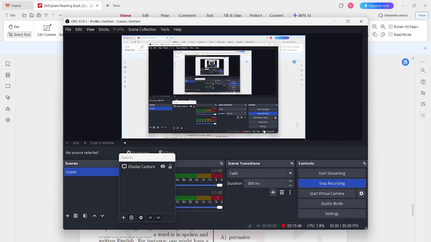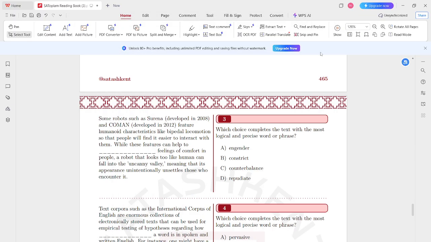So, which choice completes the text with the most logical and precise word or phrase? Some robots, such as S, let me call it S instead of Serena or something. Some robots, such as S and C, feature humanoid characteristics like bipedal locomotion.